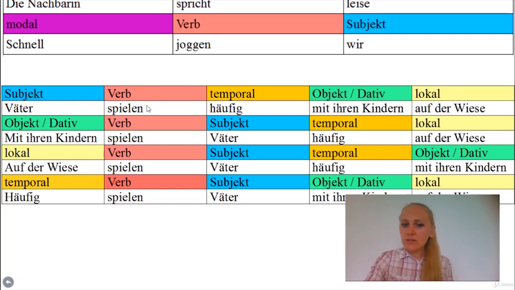Later on, if you're a little bit more comfortable with the German language, you can vary it and try it in different ways. But at the moment, at the A1 level, I would always start with the subject and then the verb, because first of all, it's the easiest because it always starts the same, and secondly, it's also the most common way to structure a sentence in German.